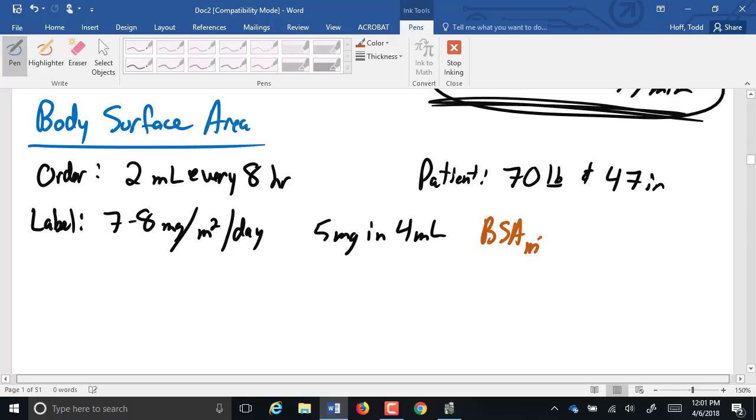Our body surface area in meters squared is going to be the square root of our height in inches, 47, times our weight in pounds of 70. Now remember, because this is inches and pounds, we divide by 3131.